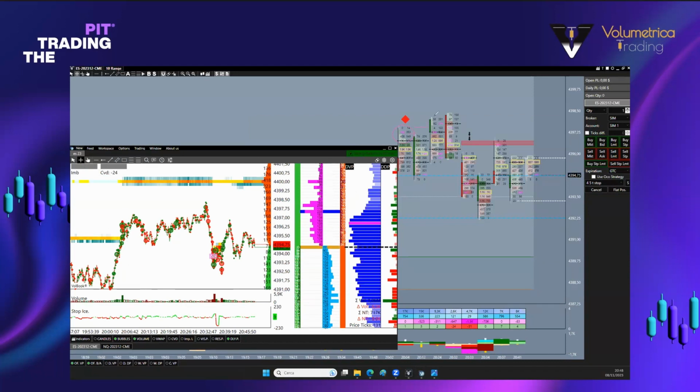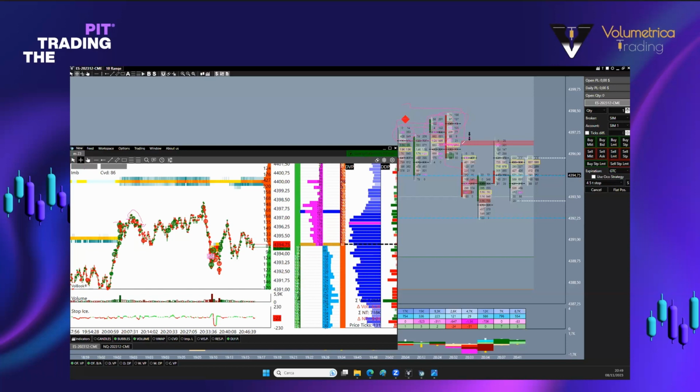And then, as you can see, we had this little fake out. Here you can really see that buyers were kind of struggling to bring price up, because we can still see some participation here at the top, even though you can see a strong pressure to the downside from aggressive sellers stepping in from here on, from 43.96.75.